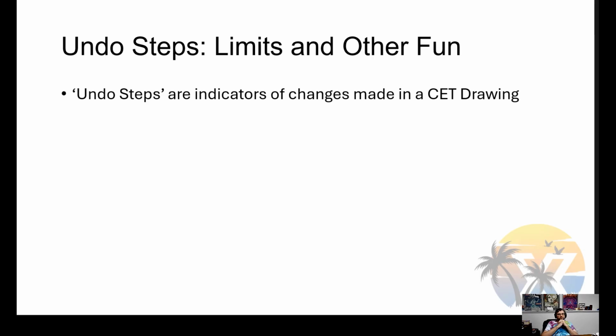Okay, next up, we're going to do undo steps. And if you've made it this far, we're almost to the end, folks. You're going to make it, I promise. Undo steps are actually indicators of changes made in a CET drawing. If we do our job right, an undo step basically feels like a single action you take in the software. If I'm being honest, undo steps can be broken further down into undo ops. Undo ops are like the individual things that need to change for something to happen.